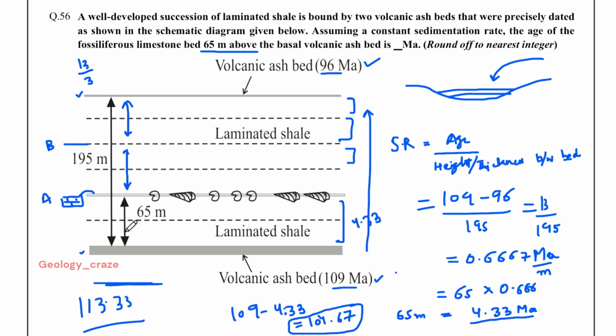But here 65 is already given, so we directly calculate. We divide and get 4.33. We simply subtract this from 109 and we get our answer. No need to do the long method. We use this simple basic method. Why are we subtracting? Because age decreases with height if the beds are not overturned.